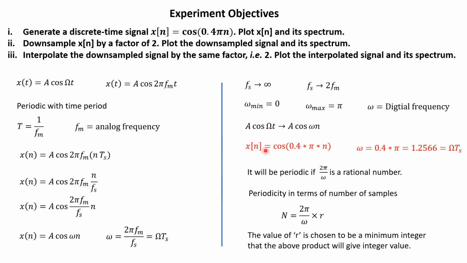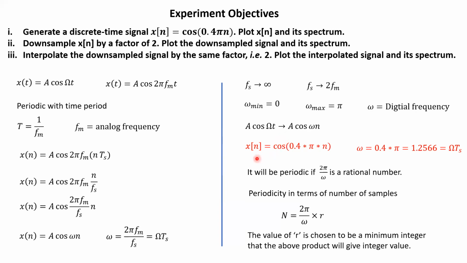You remember that if we wish this discrete time signal to be periodic, one thing you must remember: a continuous time signal is always periodic. But once we sample this continuous time signal and obtain this discretized cosine signal, it may or may not be periodic.